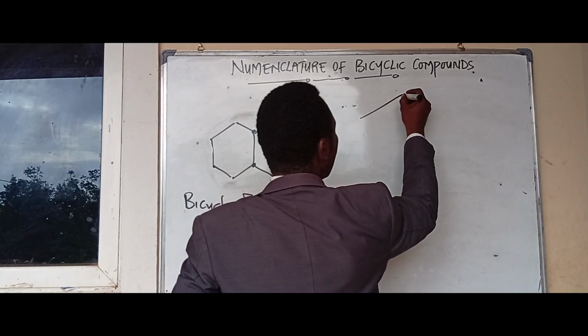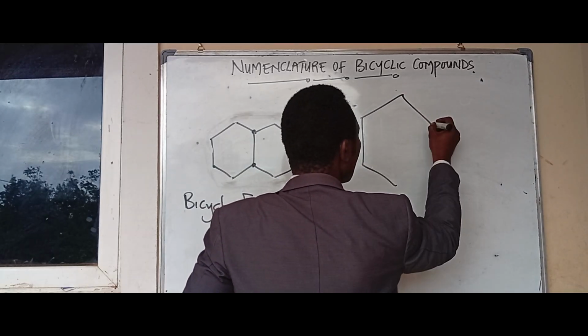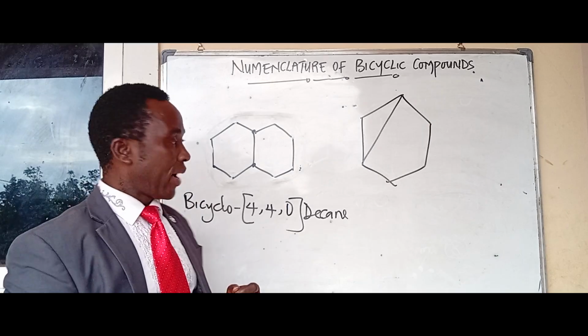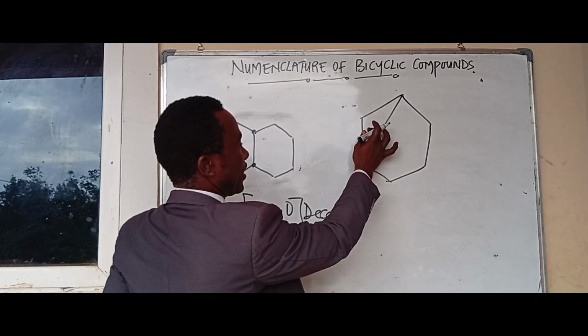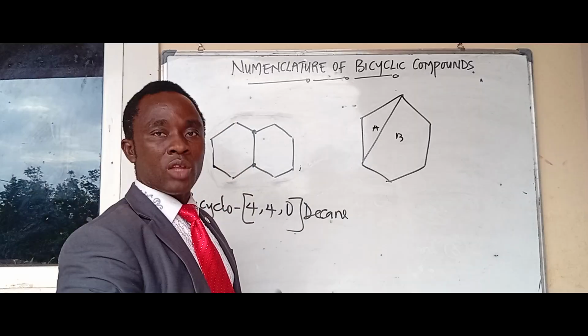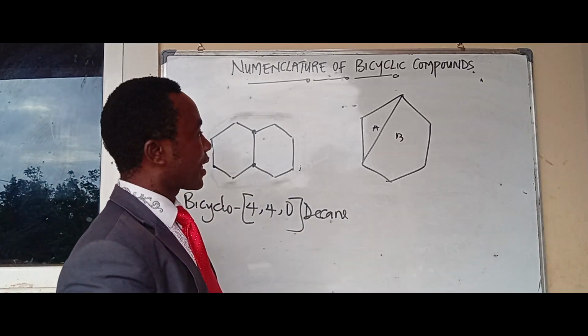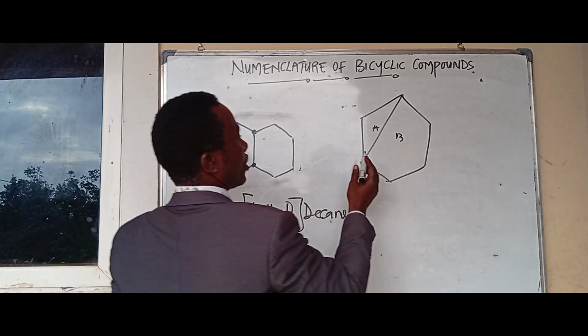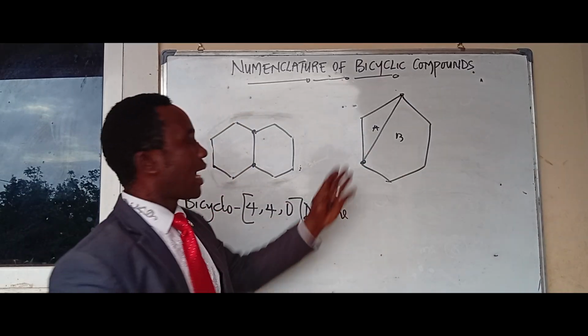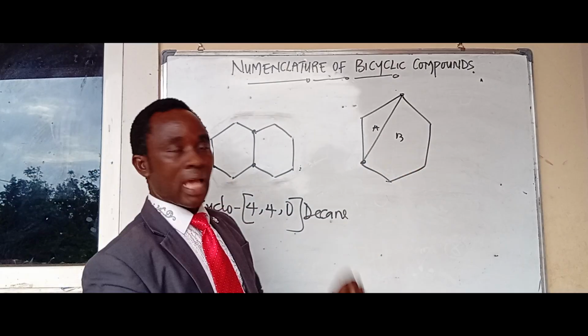Now we can name more of these bicyclic compounds. Let's say we have this, and this is a bicyclic compound, because this is ring A and this is ring B. What will be the name of this bicyclic compound? Now, if you watch very well, you see that these are the two carbon bridge that separate the two cycles.